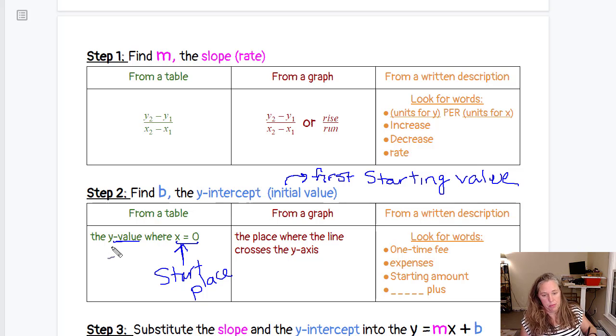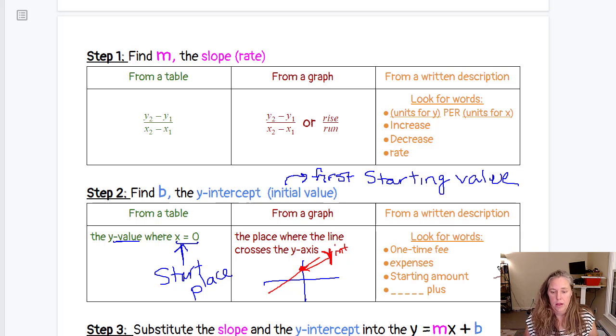In a graph, it's the place where the line crosses the y-axis. If you're a visual learner and you want a visual of that, here's our line, here's our y-intercept. Sometimes people get it mixed up with x-intercept. Y, and I often write y-int. Okay.